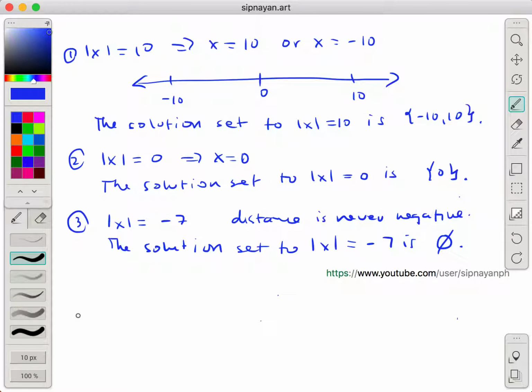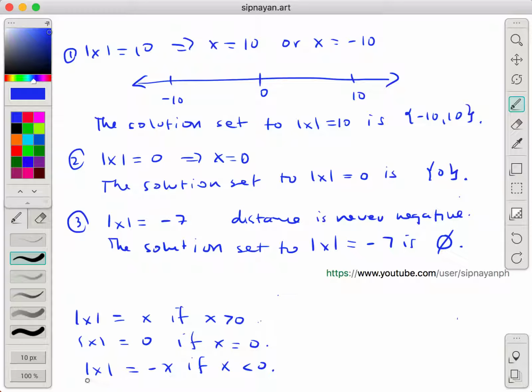Okay? So to summarize, the absolute value of x is equal to x if it's positive, 0 if x is equal to 0, and negative x if x is less than 0.